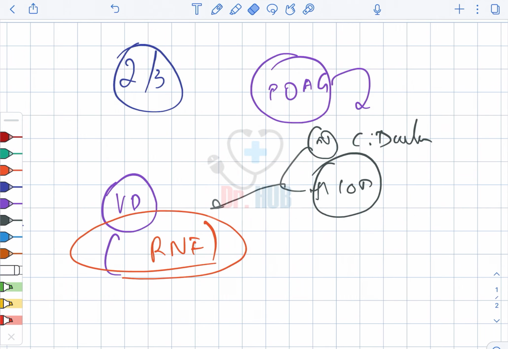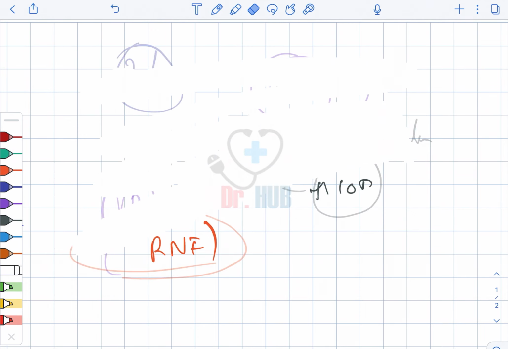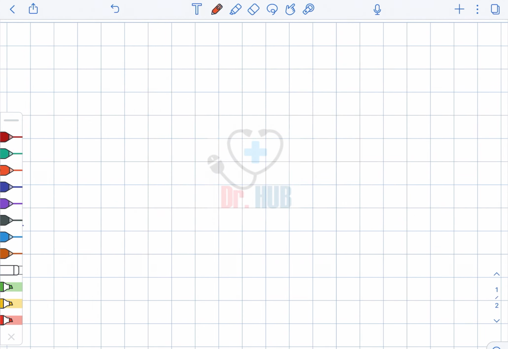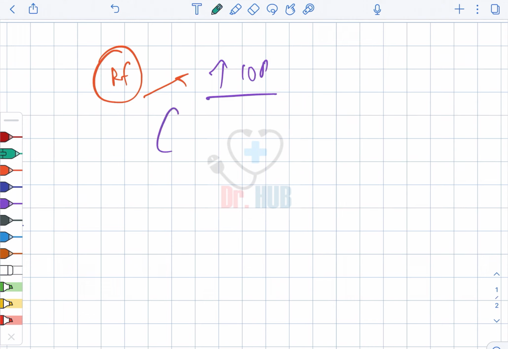Now, what are the risk factors which can contribute to this? The risk factors include that the higher the IOP, the greater the chance of glaucoma.